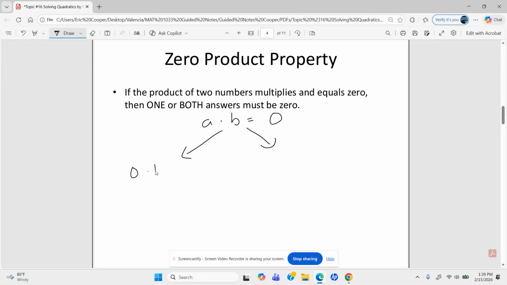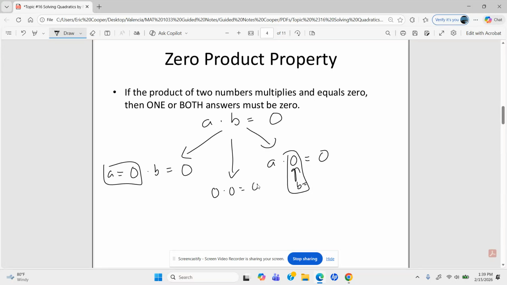Either I have 0 times b to get me 0, which means that a is equal to 0, or I have a times 0 to get 0, which means in this case b is 0. But either way, one of those has to be 0, or the other logical way is that they're both 0. So we use the zero product property as a way to help us solve equations. We assume that all the answers are 0 and find any solutions that work for that.